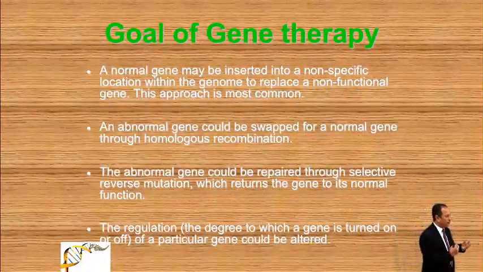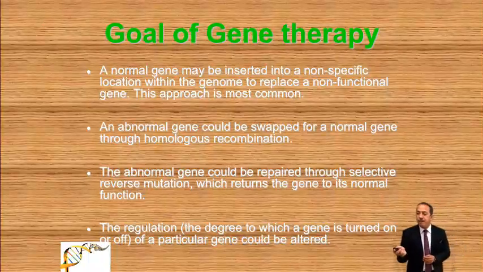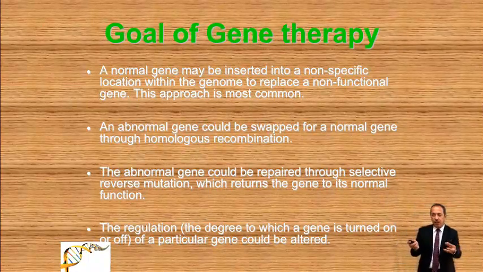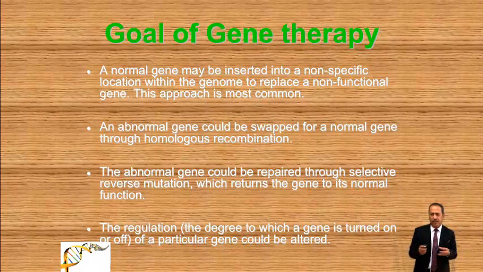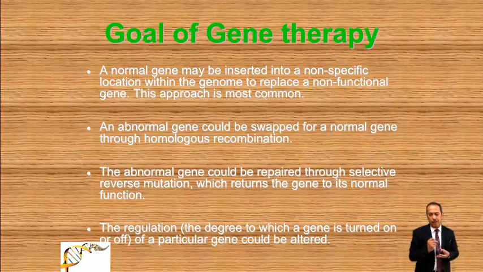What are the goals of gene therapy? First, a normal gene may be inserted into a non-specific location within the genome to replace a non-functional gene. This approach is most common. Second, an abnormal gene could be swapped for a normal gene through homologous recombination.